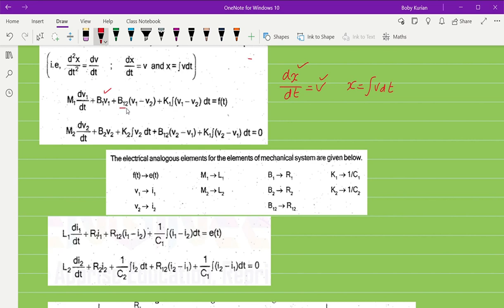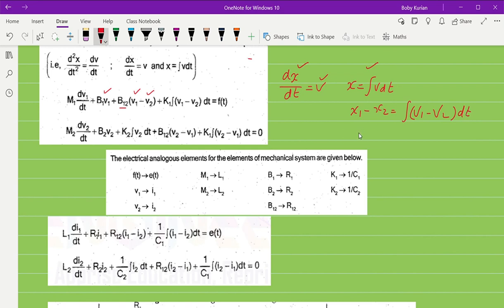Similarly, b12 d by dt of x1 minus x2 becomes b12 into v1 minus v2. K1 into x1 minus x2 becomes k1 into the integral of v1 minus v2. Note that in place of x we have the integral of v. So x1 minus x2 becomes the integral of v1 minus v2 times dt.